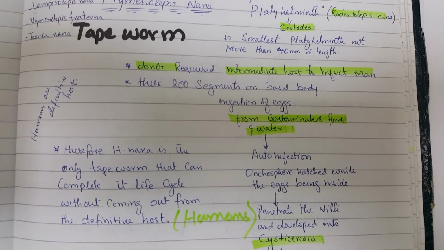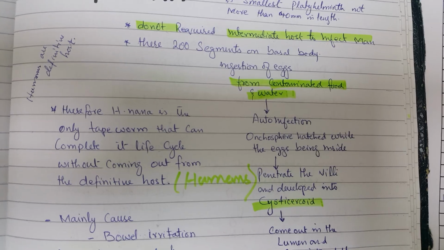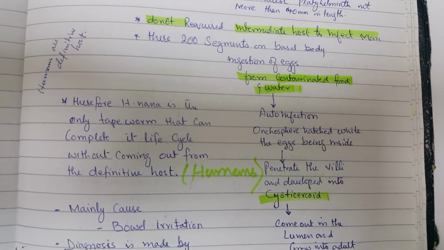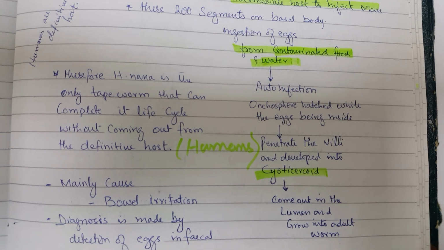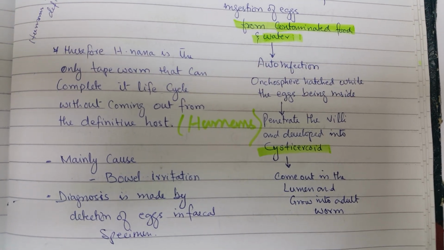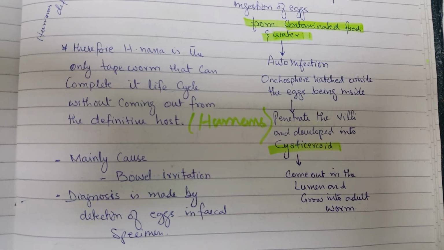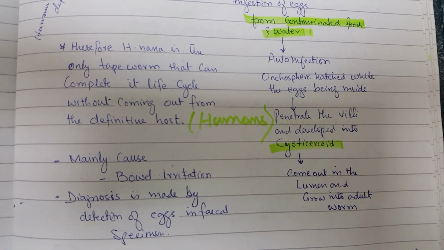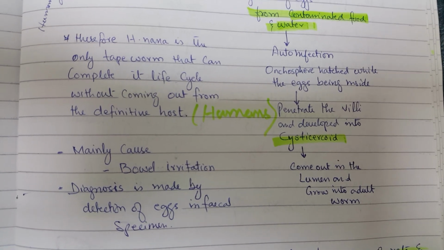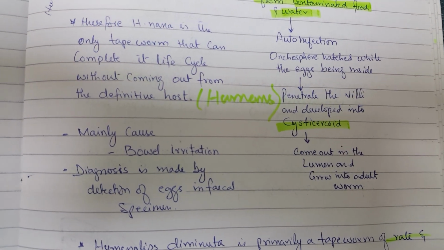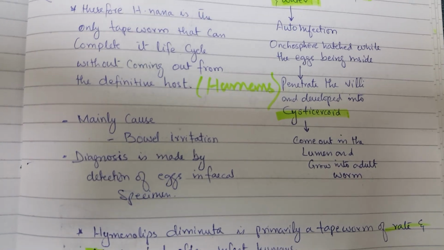It spreads through contaminated food and water, and auto-infection occurs. In auto-infection, oncospheres hatch while the eggs are still inside, penetrate the villi, develop into cysticercoids, come out into the lumen and grow into the adult worm. Therefore, H. nana is the only tapeworm that completes its life cycle without leaving the definitive host, which is human. It mainly causes bowel irritation.